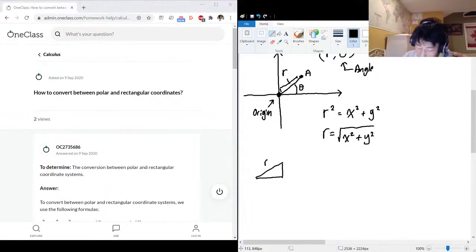We did find r, and this is our y, and this is our x. That's our theta. We could use r to calculate theta, but I feel like it'd be more direct, if we're trying to go from polar to rectangular, to use x and y. So we know with our lovely trigonometry knowledge that the tangent of theta is equal to the rise, the y, divided by x.